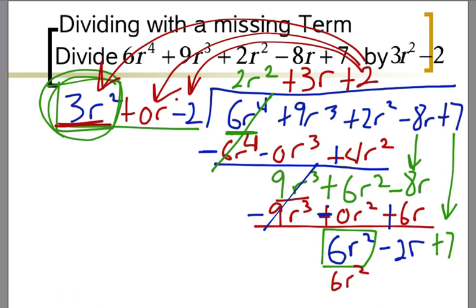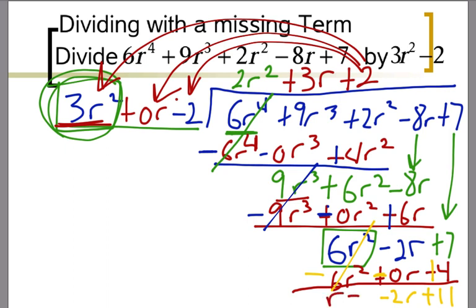It's going to give me 0r, and then 2 times negative 2 should give me negative 4. So I will have a remainder this time, again. So I subtract, turns into negative, positive, the 6r's cancel, it turns into negative 2r, and then plus 11. So negative 2r plus 11 is my remainder.